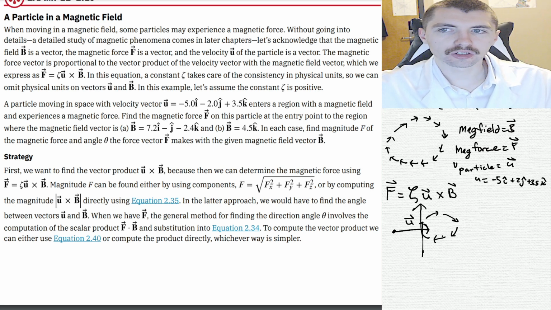So that's why we are using the cross product here. Find the force, so this is F. We want to find F on U.